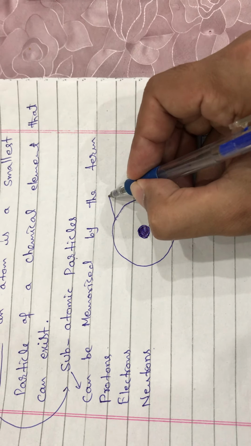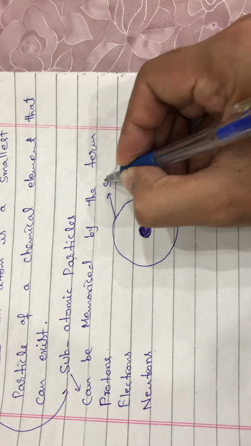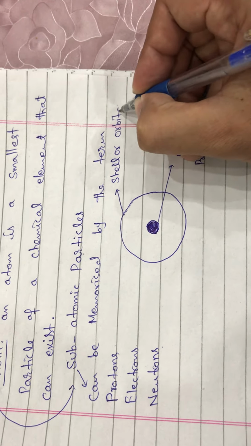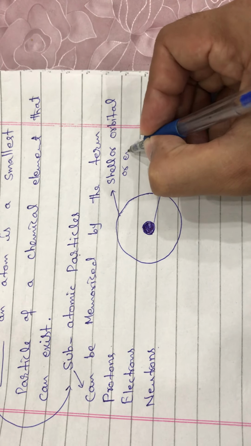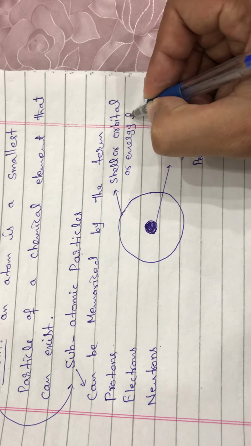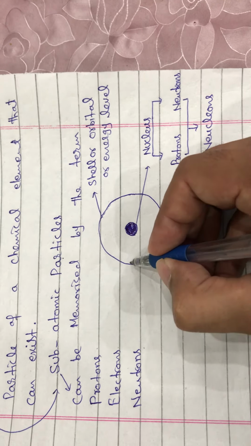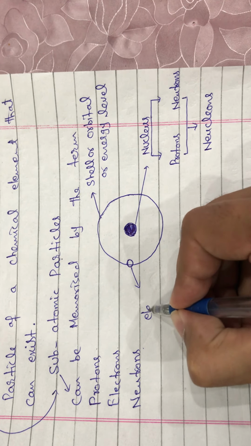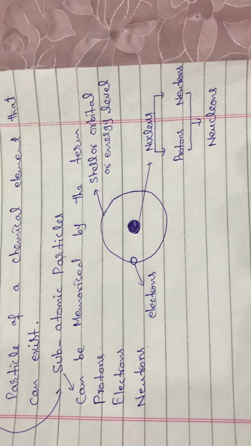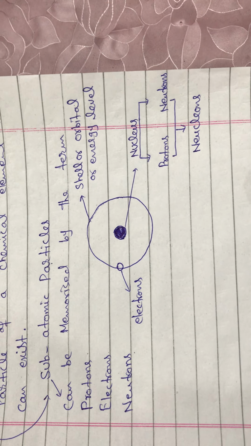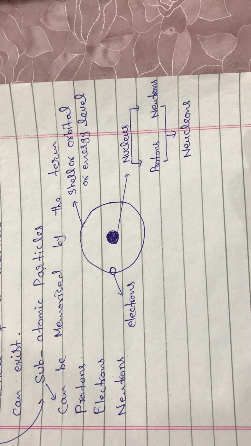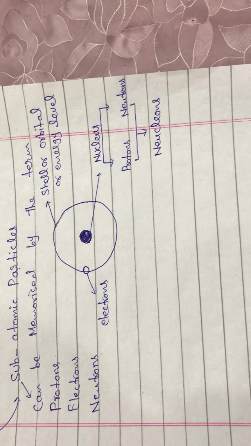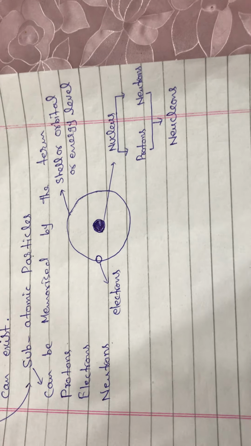And this is shell or orbital or energy level, and electrons are revolving in it, means electrons are present in electron shells.